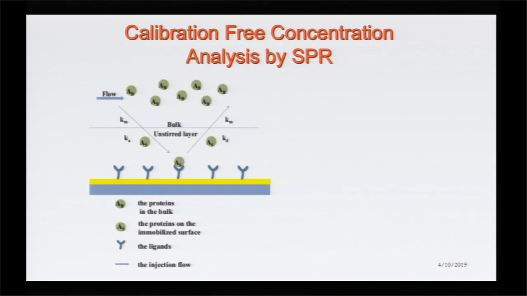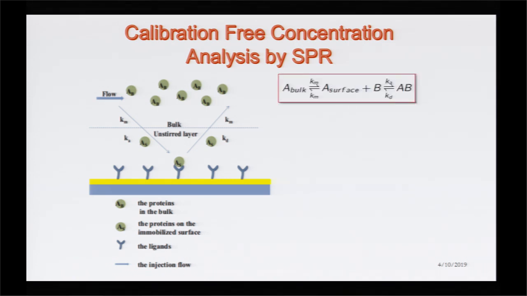And this is the measurement principle of calibration-free concentration analysis by SPR. And I think this measurement principle was originally proposed by GE company. The protein in the solution can come to the surface and be captured by its antibody. So based on this process, we can write this equation. And based on this equation, we can draw the second equation like this.